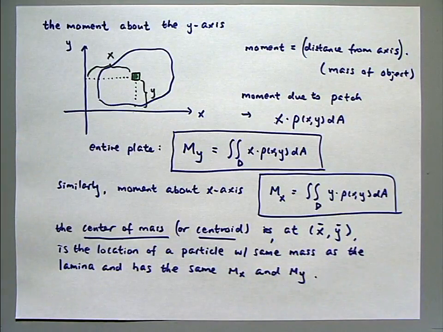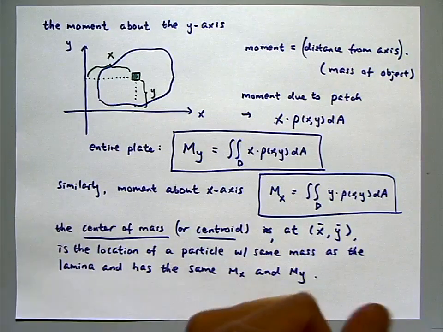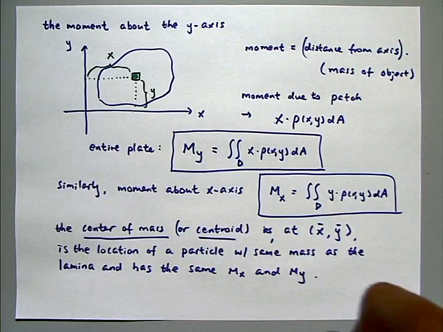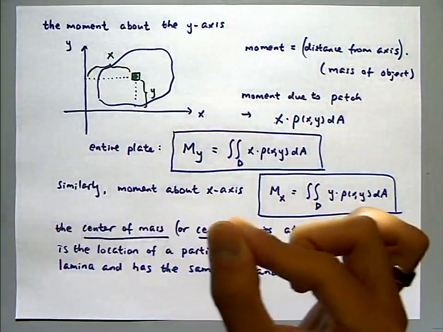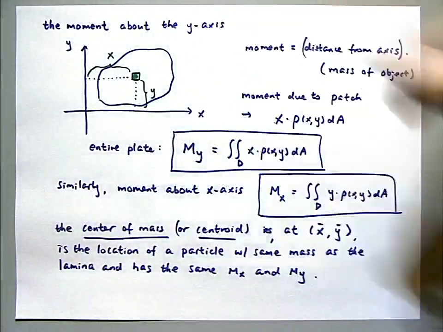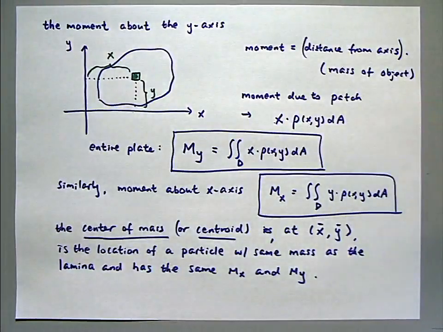Okay, imagine if you take this entire plate, collapse that into one single point with the same mass as that entire plate. Where are you going to put it so that a single point would produce exactly the same two moments? So that's how we find the center of mass.